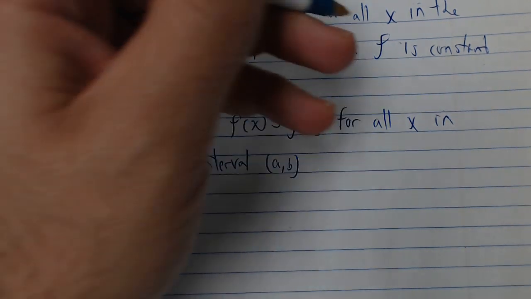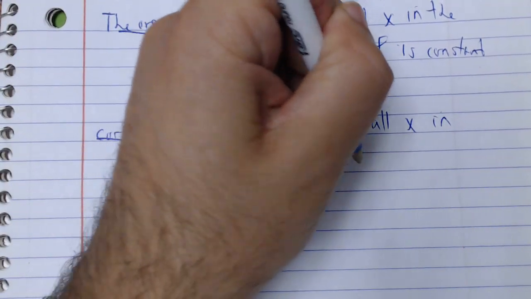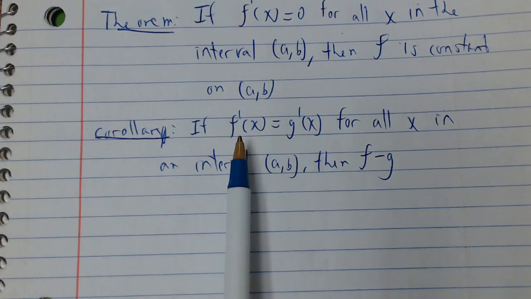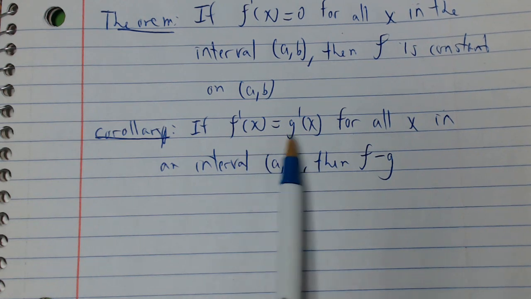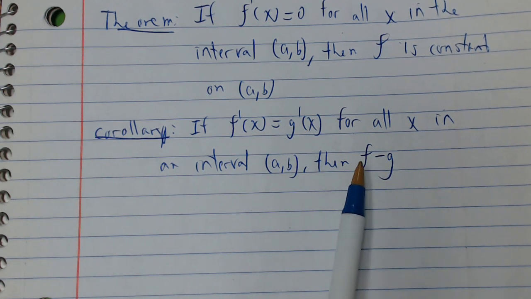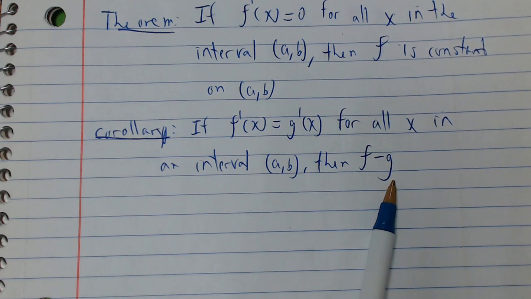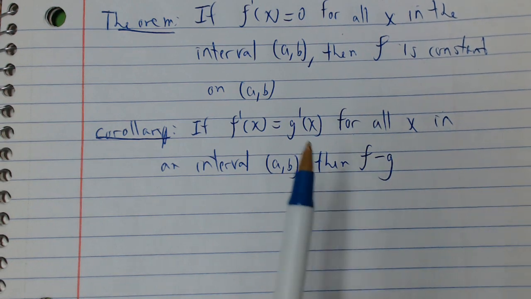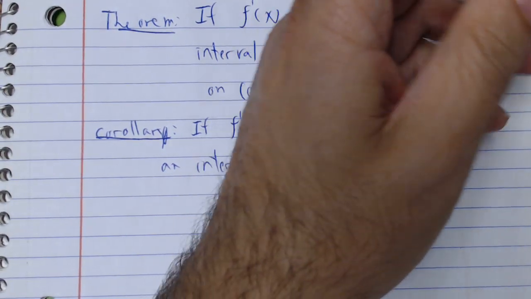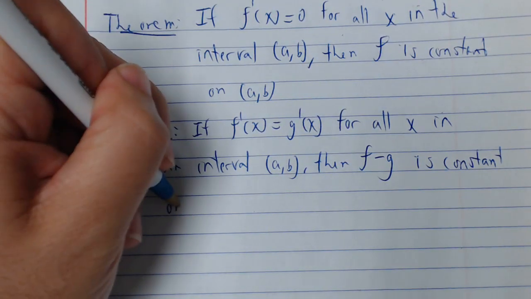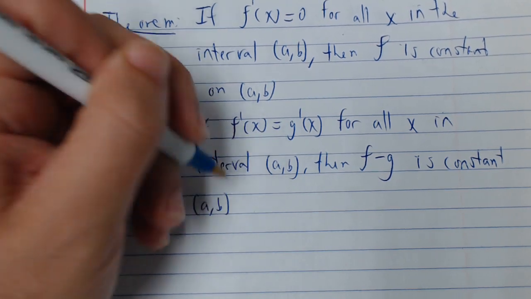Or what would we say about f minus g? If the derivative of f and the derivative of g are the same, then what could we say about the functions f and g? If you said that f and g must be the same function, you're close, but not exactly 100% correct. What we would say is that f minus g is constant on the open interval from A to B.